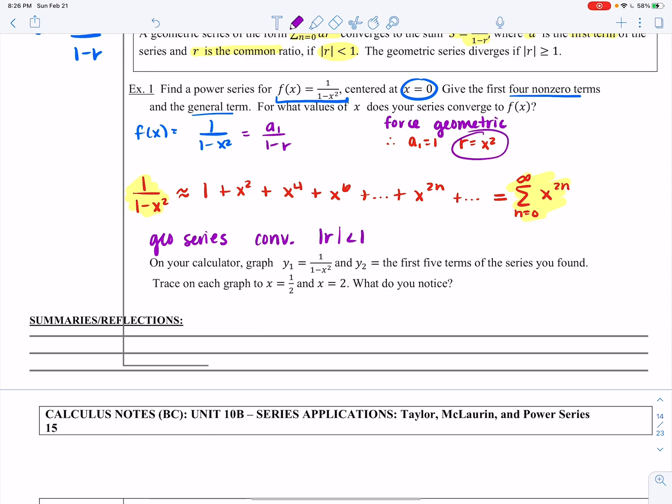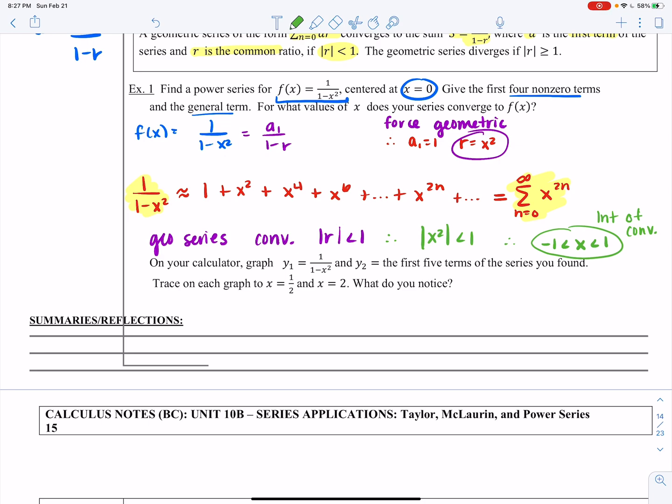Well, what is r? If r is x squared, I need for x squared to be less than 1. Well, how is x squared going to be less than 1? It's going to be less than 1 if x is between -1 and 1. And that is your interval of convergence.